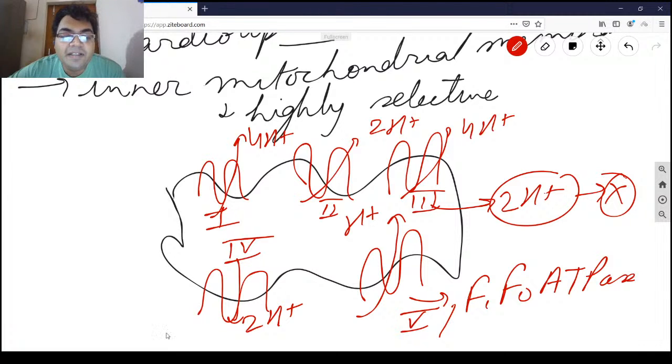Otherwise it cannot cross the inner mitochondrial membrane. Always know that. So it contains multiple transmembrane proteins, and that is the essence of the inner mitochondrial membrane.